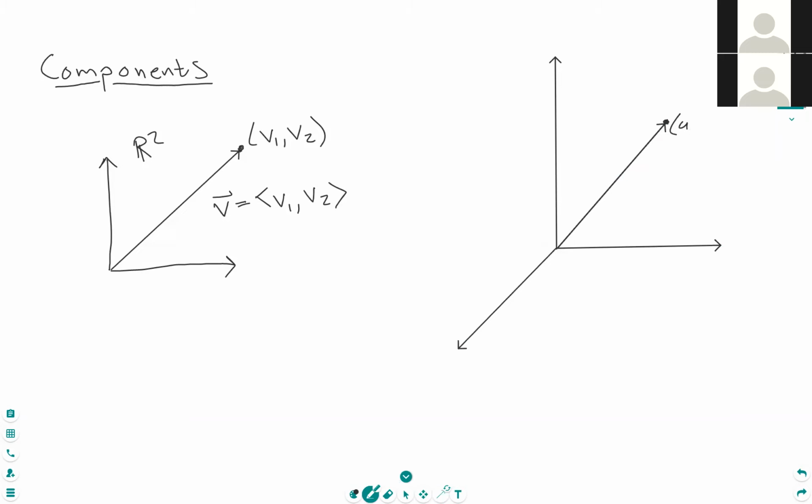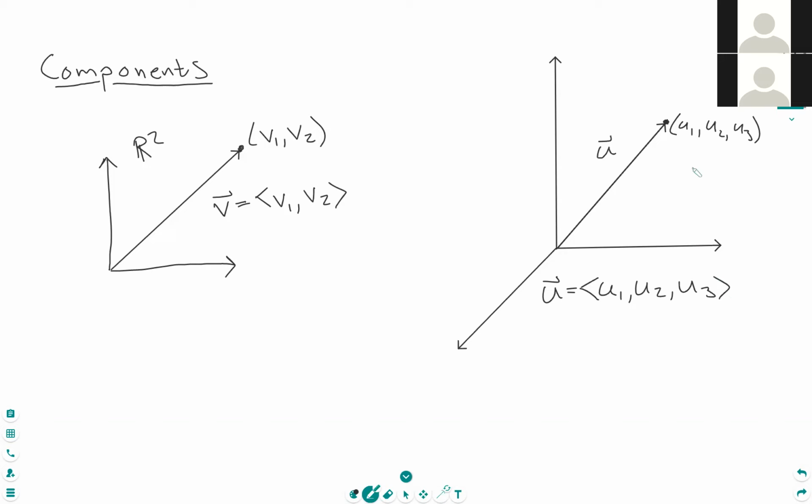I'll call this u1, u2, and u3. And you can imagine that we can still write this very similarly. It is the vector u1, u2, and u3.